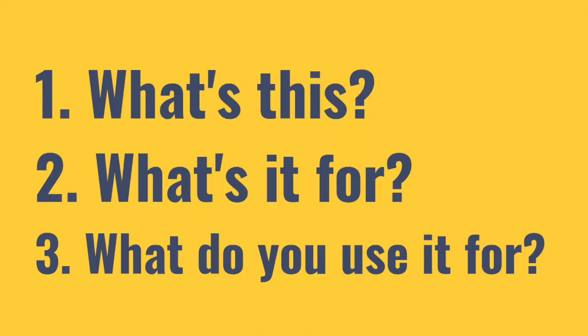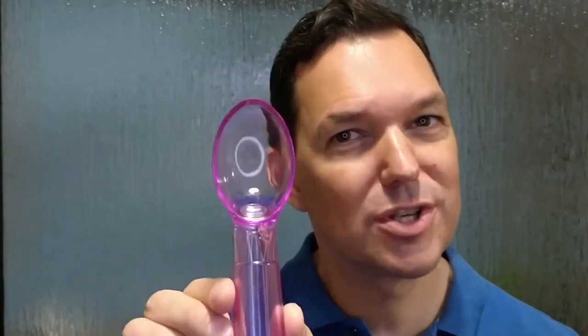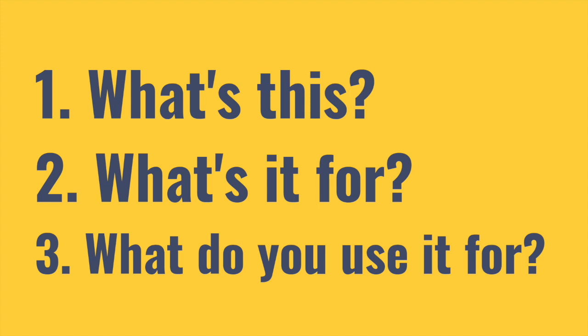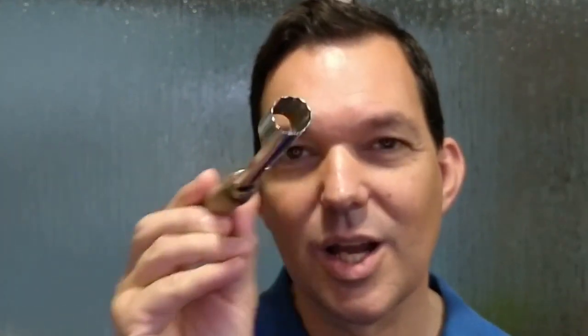And what do you use it for? Number 2. What's this? What's it for? And what do you use it for? And finally, what's this? What's it for? And what do you use it for?